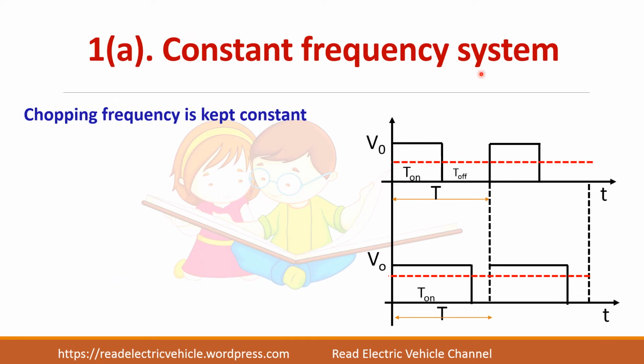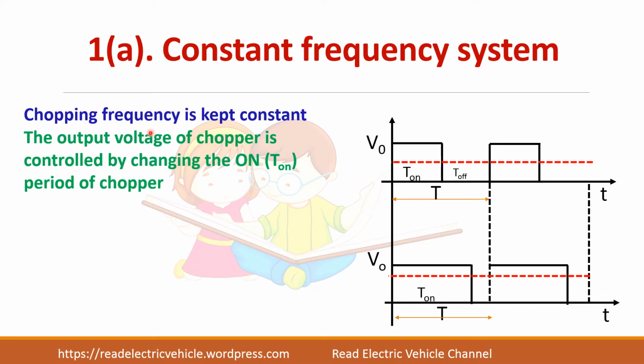In constant frequency system, the chopping frequency is kept constant. What is chopping frequency? That is, the total time period is kept constant. If you see these two waveforms, this is V0, you have on period, off period, on period, off period, and T, total time period, is equal to on plus off period.